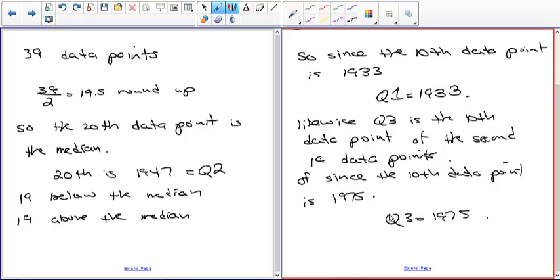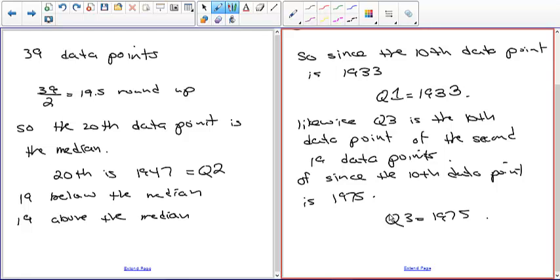In this case, we started with an odd number of data points such that there was a median, which was one particular value, the middle value. You take the number of data points, divide by 2, round up. The 20th data point was the middle of all the data points. That's the median, which is Q2. Then we said there were 19 below the median and 19 above the median, so we took the median of these 19 data points.